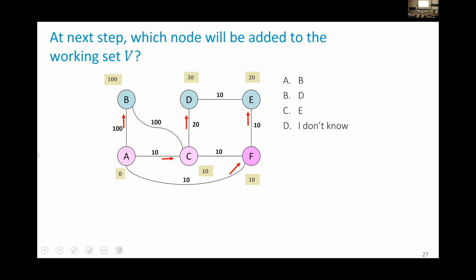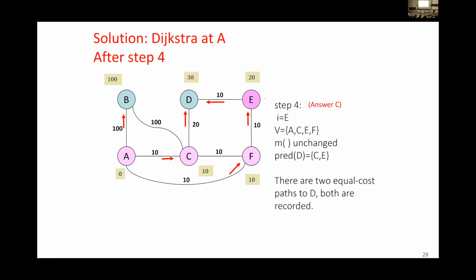But the correct answer is C, which is the node E. So node E had 20, of course, we added. And here the interesting thing becomes what happens for D. Now for D, we have a new path that has a cost also of 30. If I go via E, E is at a distance of 20 now. So E will do the Dijkstra algorithm that says for all the neighbors of E, update their state.